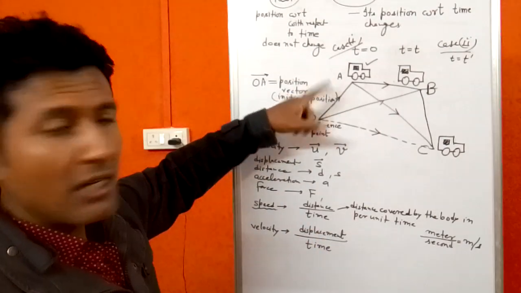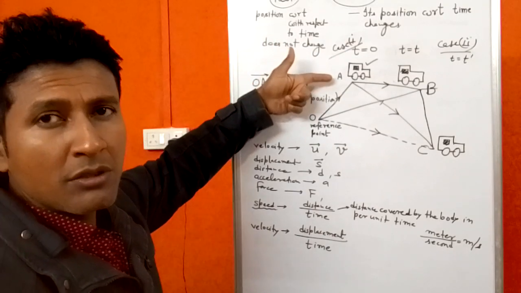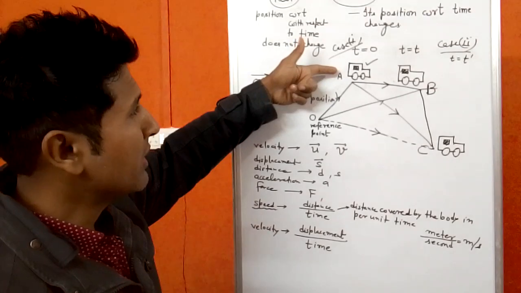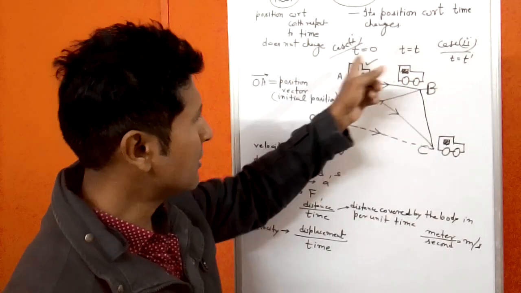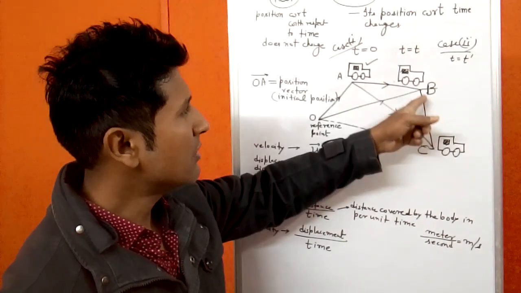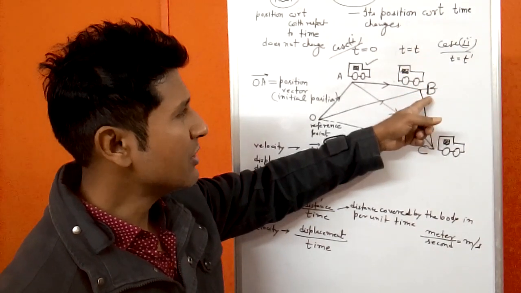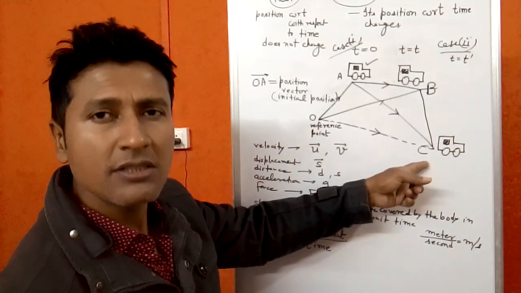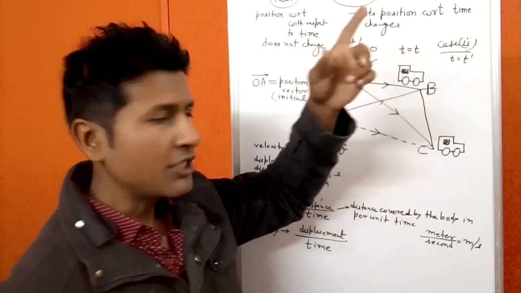Now again let's come back to the figure. Here the body was initially at point A and then in the next time interval, t, the body reached point B, and finally it reached point C at time t dash.